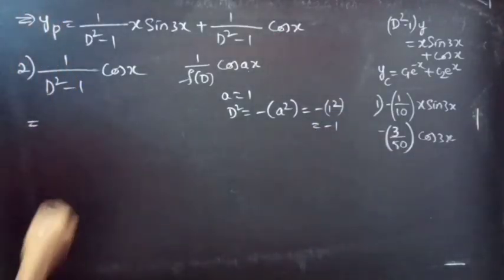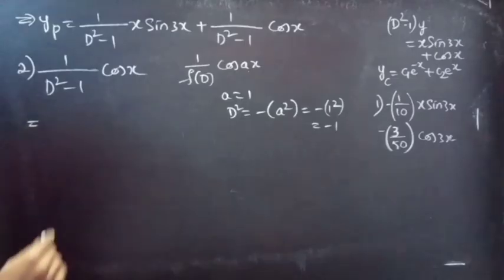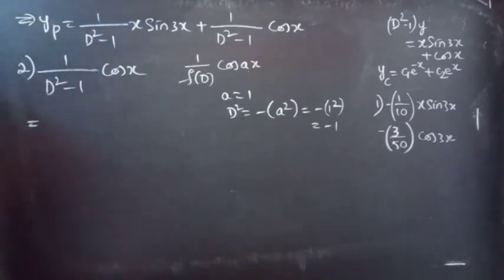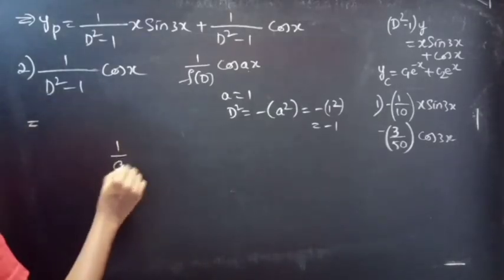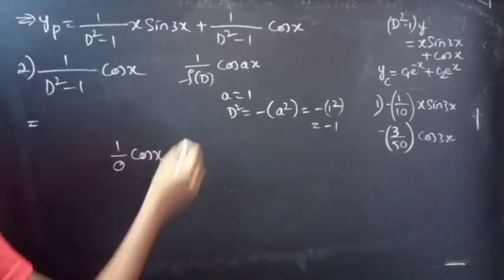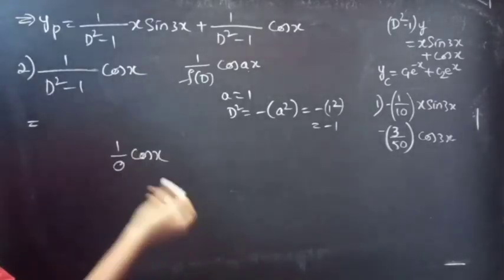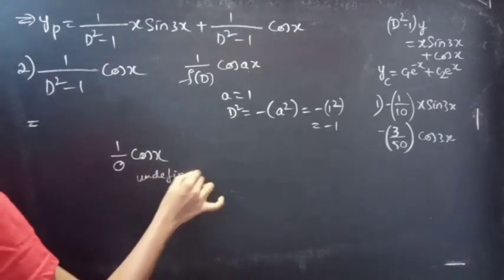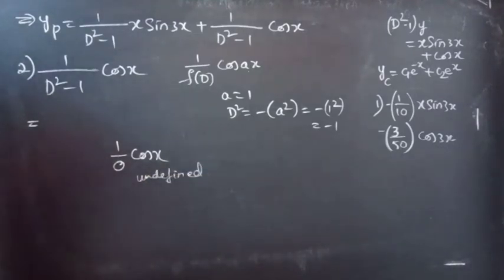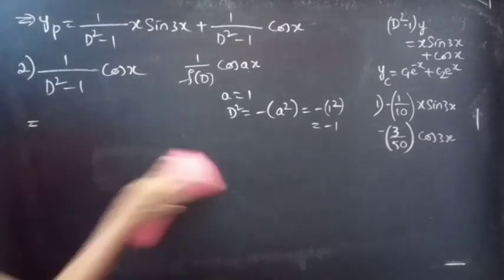Now, if we replace D square by minus 1, the denominator will be non-zero. What happens if we get the denominator 0 by replacing D square by minus 1? We'll just get 1 by 0 into cos x, right? Since 1 by 0 is undefined, the total term becomes undefined. So always remember that the denominator must be non-zero.